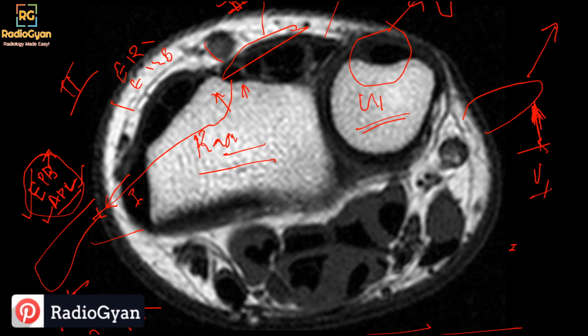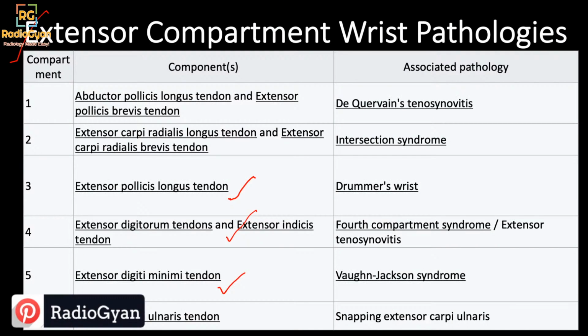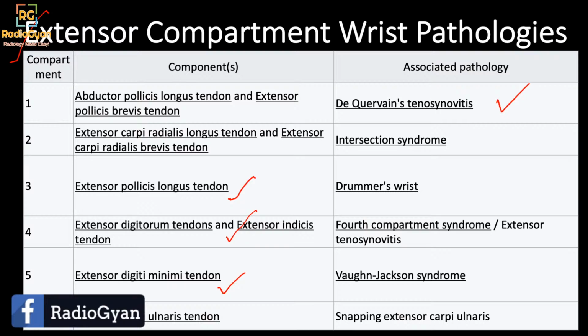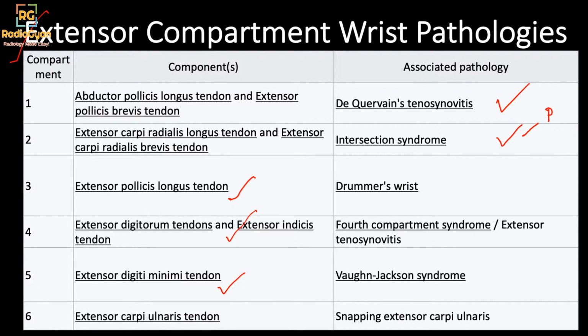So moving on to the pathologies of each compartment, the most common clinically relevant syndrome is related to the first compartment, which is de Quervain's synovitis. For the second compartment, there are two interesting syndromes known as intersection syndromes: a proximal intersection syndrome and a distal intersection syndrome. Number 3 is the extensor pollicis longus tendon, and that can give rise to drummer's wrist.